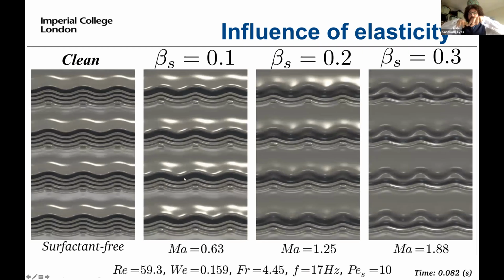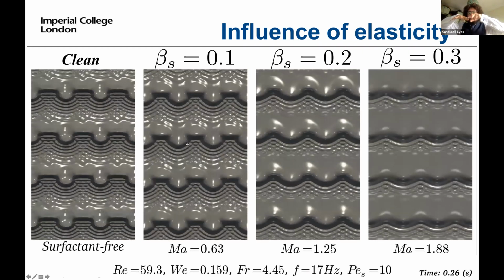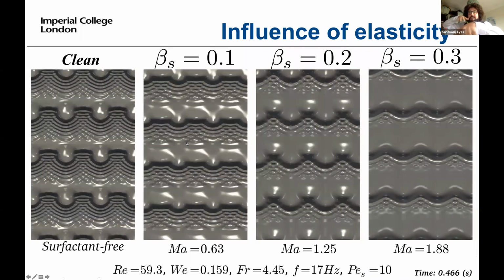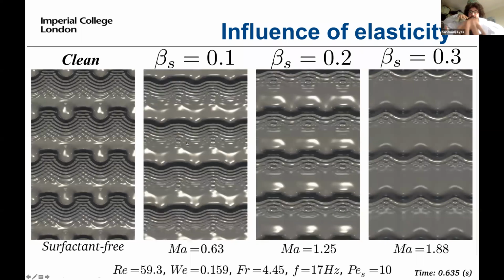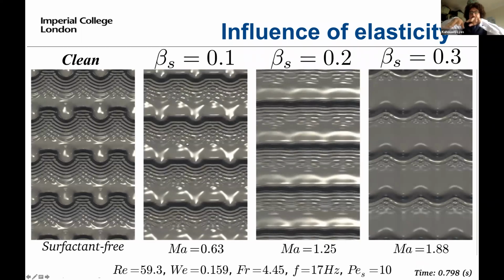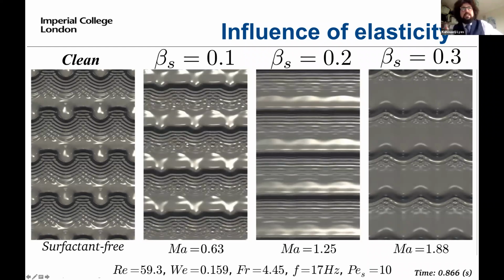The waves go like this, sometimes they go 2D, and then they are shifted from each other with another phase in the spanwise direction, and then come back and start toward 2D waves. This is how Hassan and I call them dancing waves.